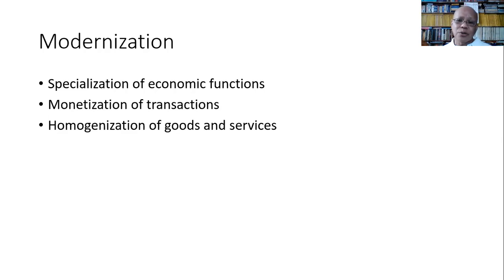Because now households have to obtain their goods and services from firms, and firms have to purchase their requirements for raw materials, for labor, for machinery and equipment. The most efficient way of doing this exchange is through the exchange of money. So you have greater and greater monetization of transactions.